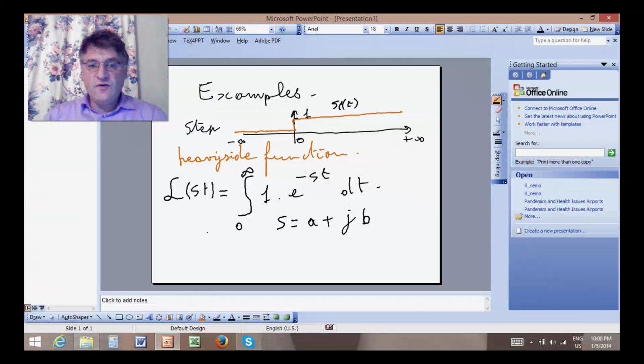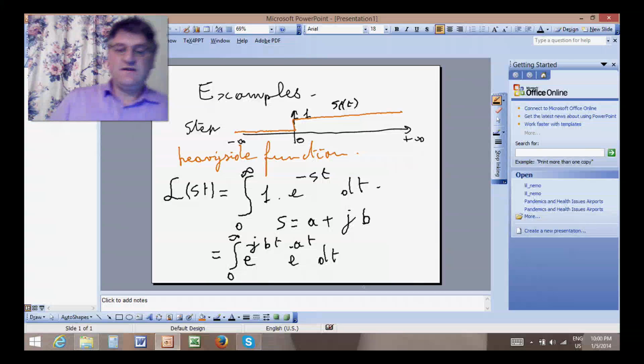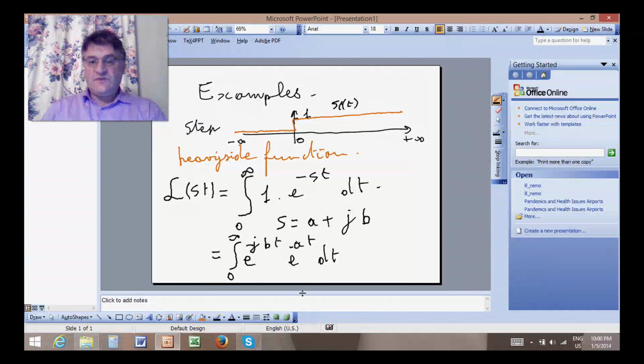So I can rewrite my integral as the integral from 0 to infinity of e to the j times bt, e to the at dt.